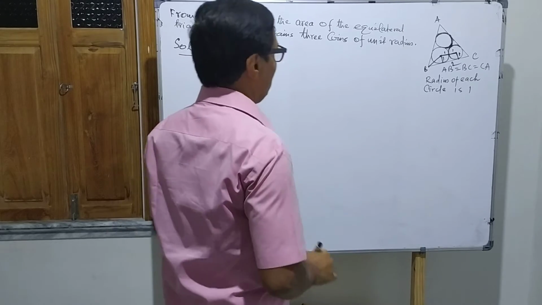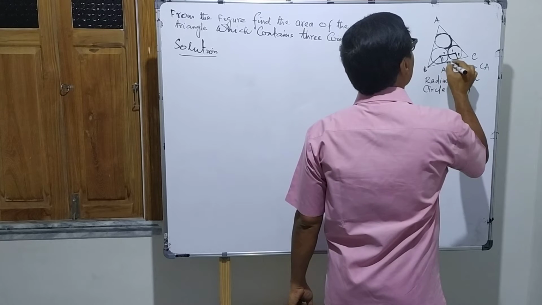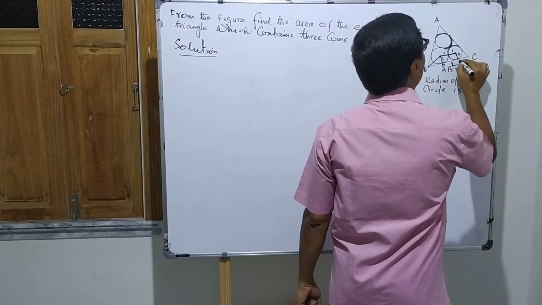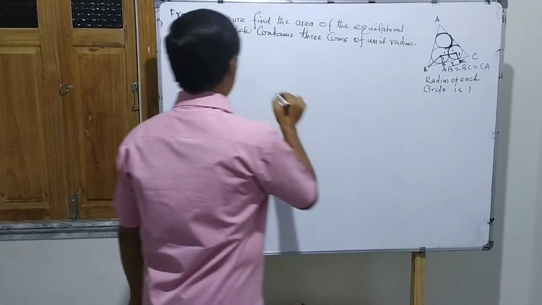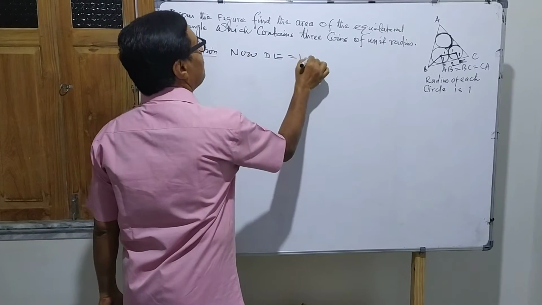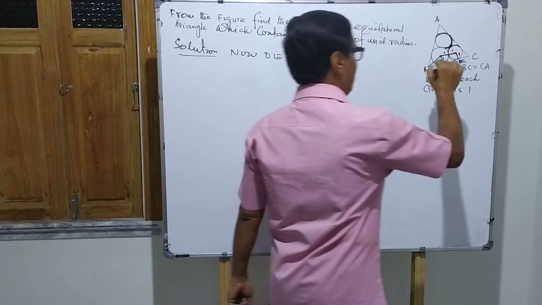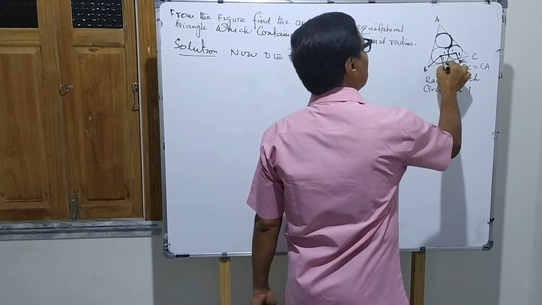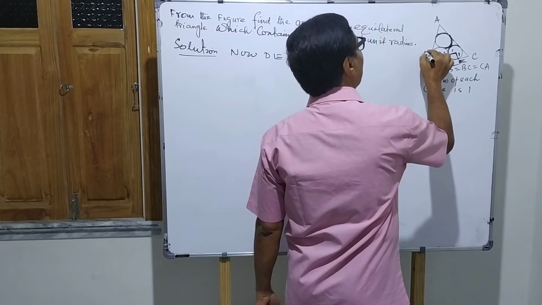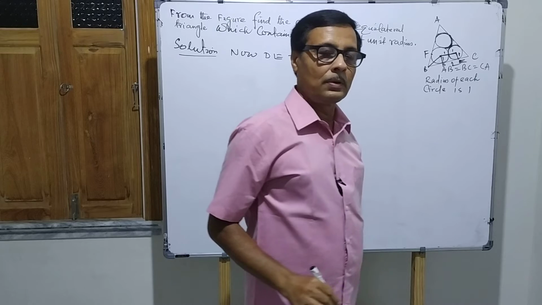Now here we can name the points of contact D and E. So DE equals 1 plus 1 equals 2, and this point of contact is considered as D, and this point of contact is considered as F. This is now BD and BF.